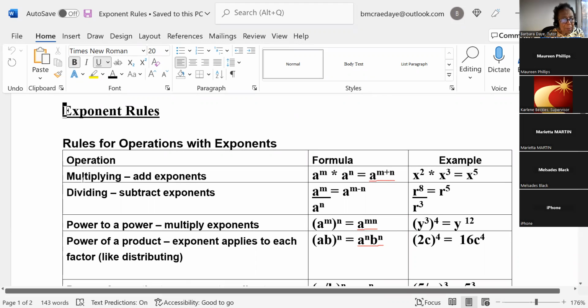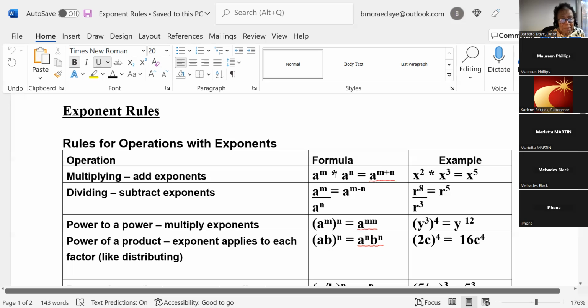So I just want to go through some of these with you. When you multiply, what do you do with the exponents, Maureen? You add. That's right, it says here, operation multiply, add exponents. That's your base A, your exponents are M, N. That asterisk is there for multiplication.